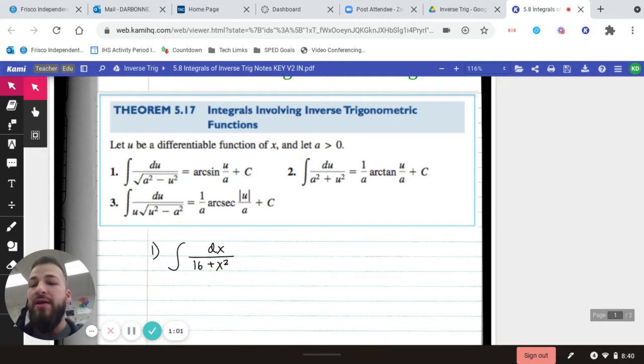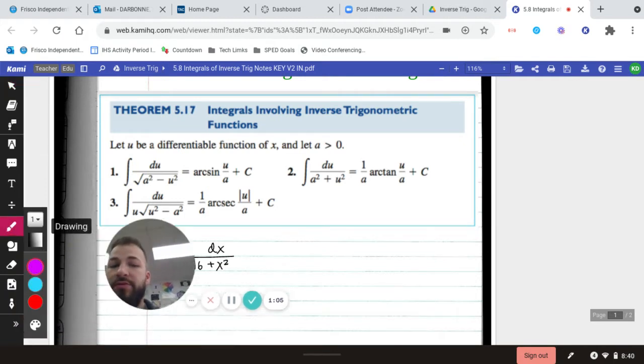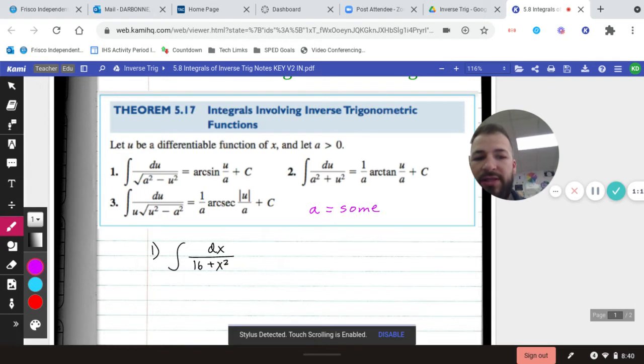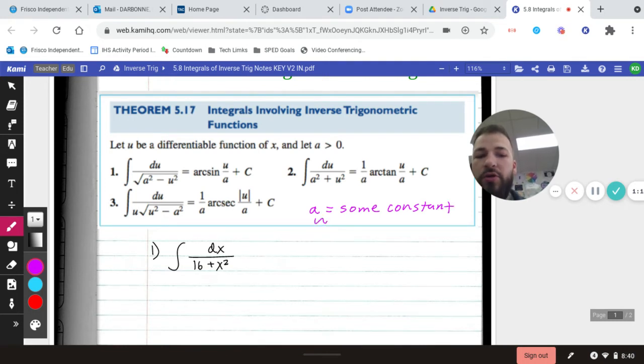So a in all of these is taking the place of some constant. And then u, of course, is our actual function. Okay, just like normal u for our u sub.